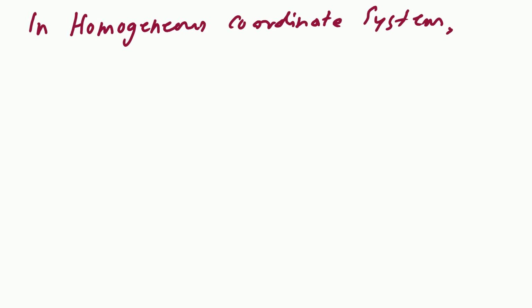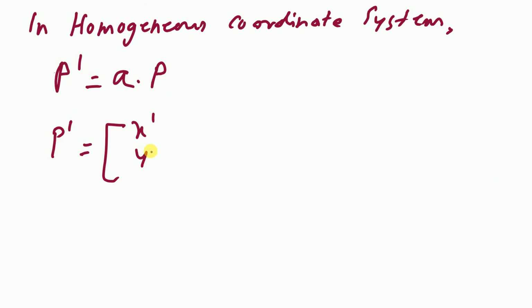In the homogeneous coordinate system, the representation of scaling can be seen as P dash is equal to A into P, where the P dash matrix can be written as x dash, y dash and 1.